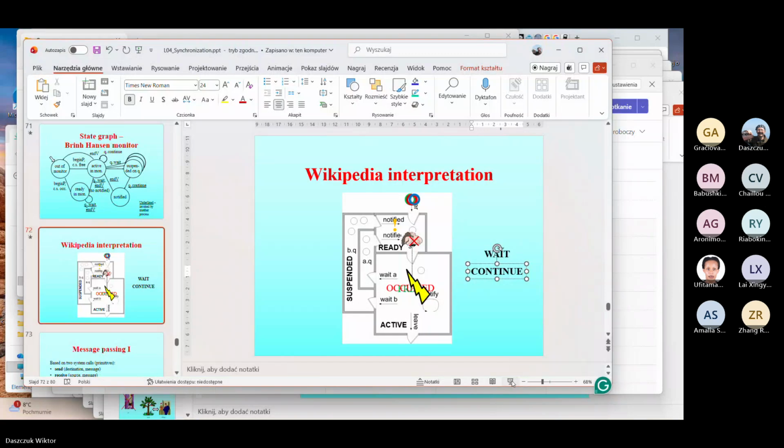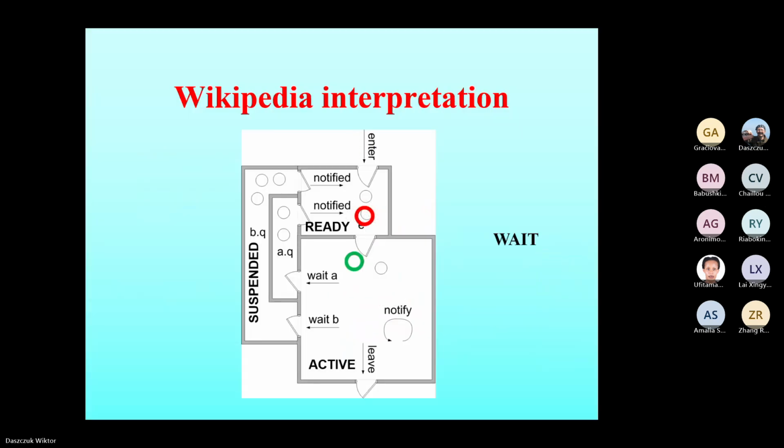Okay. If it executes continue, it notifies the process that waits on a condition, and that process enters the waiting state for the critical section, but this exclamation mark shows that it waits with privilege.